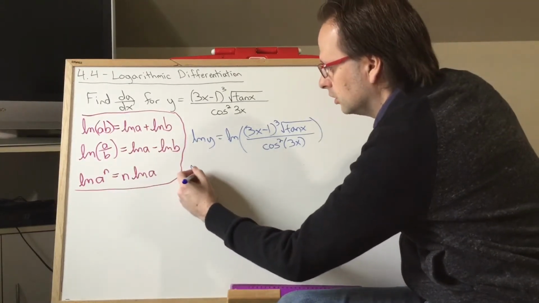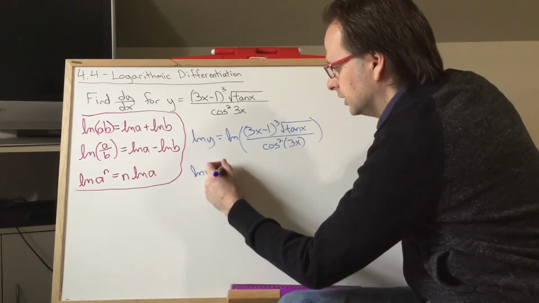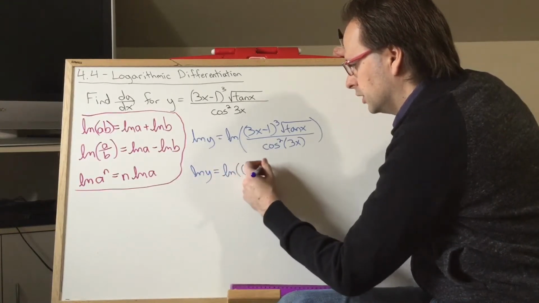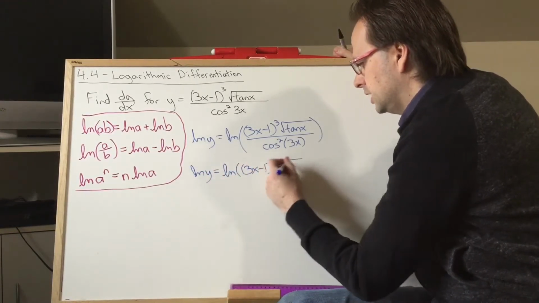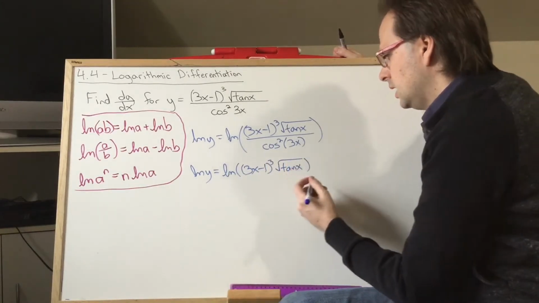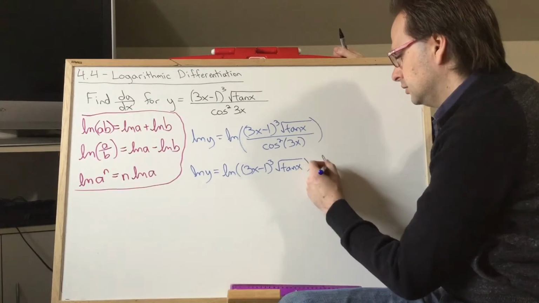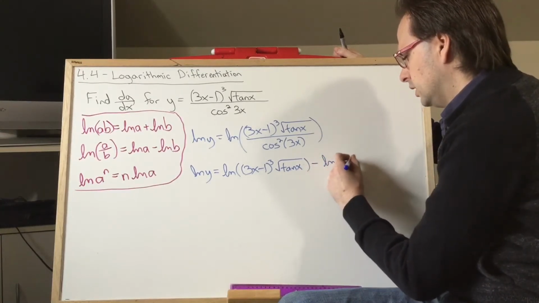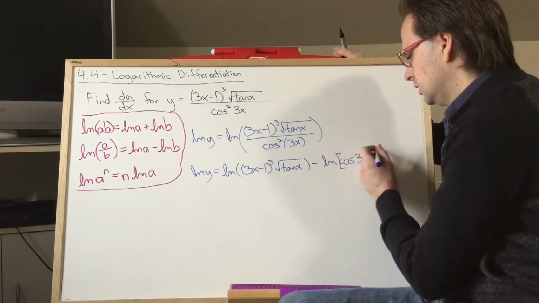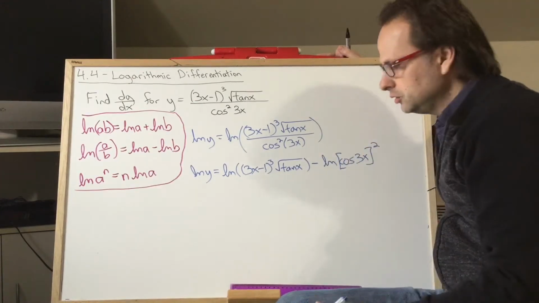So maybe I'll rewrite this as ln of that whole top, which was (3x minus 1) all cubed, times root tan x, and then that's going to be minus the ln of cos squared of 3x. Now just to be clear, cos squared of 3x means cos of 3x all to the power of 2.